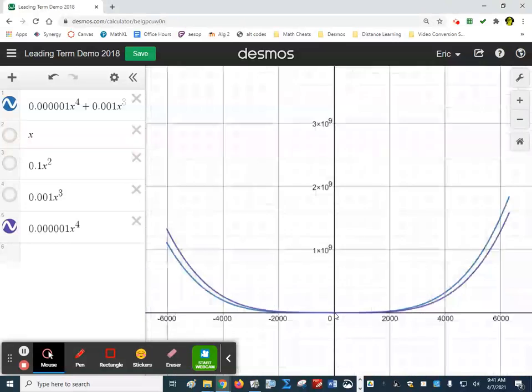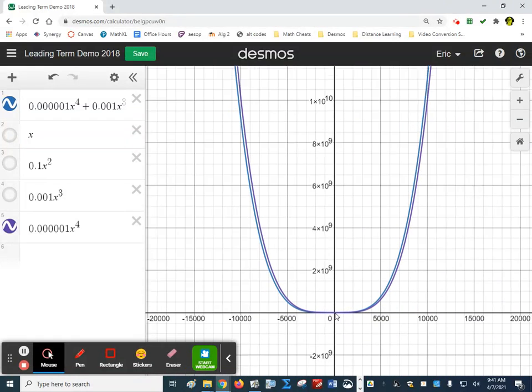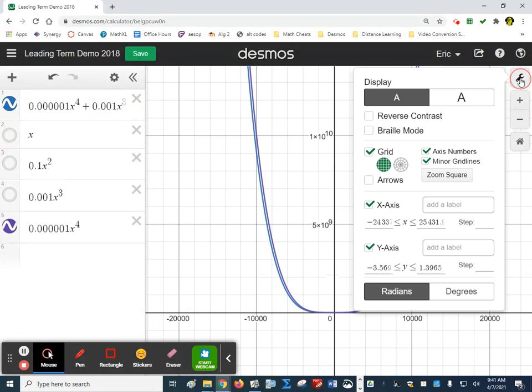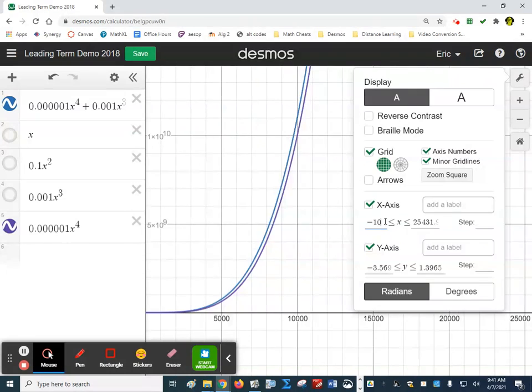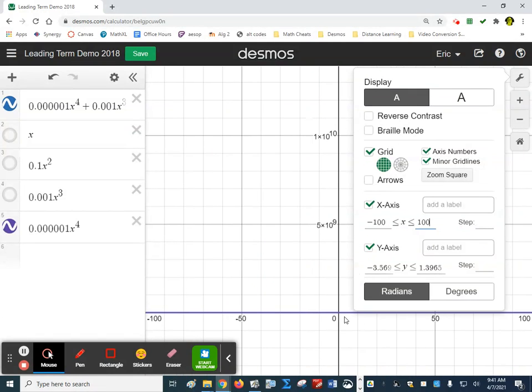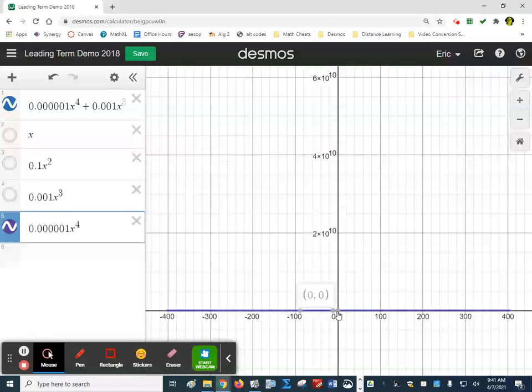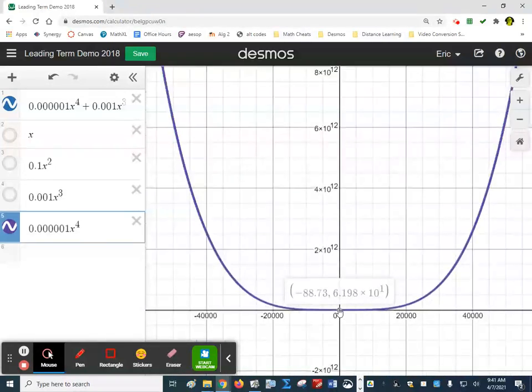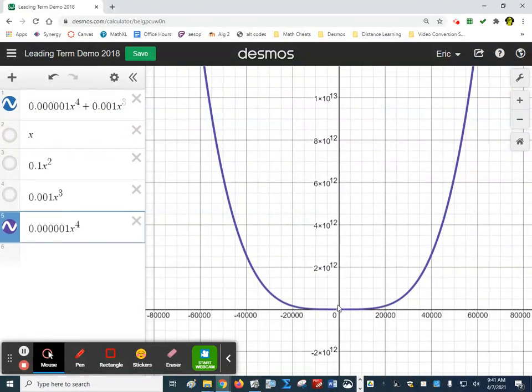If I zoom out far enough, boy, they're looking pretty similar, aren't they? Getting pretty big numbers there, and now they're essentially indistinguishable, right? Okay, that's a pretty cool story. So what's that telling us here?